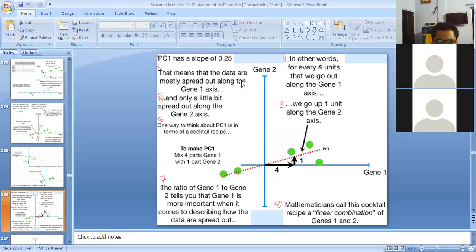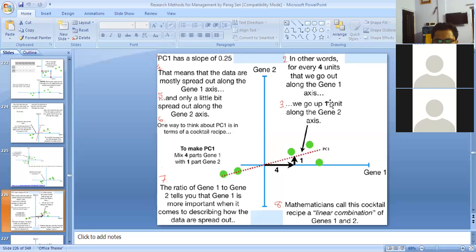This means that the data are mostly spread out along PC1. In other words, for every 4 units that we go out along the gene 1 axis, we go up 1 unit along the gene 2 axis. So a slope of 0.25 means 25 divided by 100, which is equal to 1 by 4.